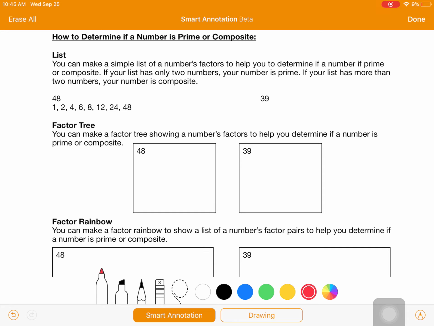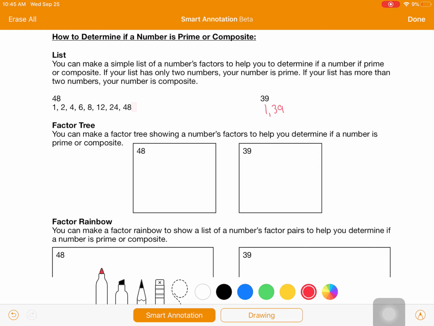So one way we can do that is just by making a simple list. For example, if we listed all of the factors of 48, we would list 1, 2, 4, 6, 8, 12, 24, and 48. If I listed the factors of 39, I would start with 1 and 39, of course.